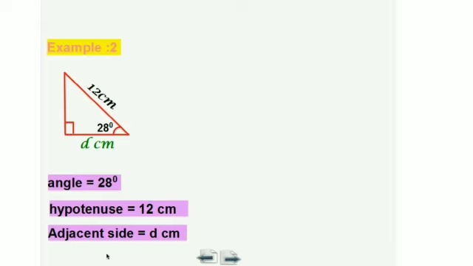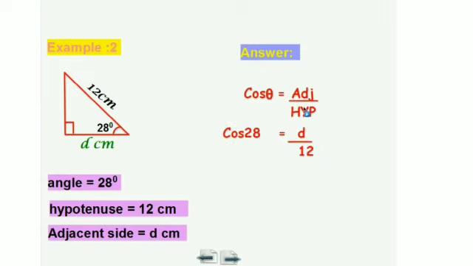So how to calculate? First step, the hypotenuse and adjacent relation is cos. So cos theta equals adjacent divided by hypotenuse. Theta is equal to 28 degrees. So cos 28 is equal to adjacent, which is our question d, divided by 12. Now just use algebra, then you will get d is equal to 12 times cos 28. Use your scientific calculator.